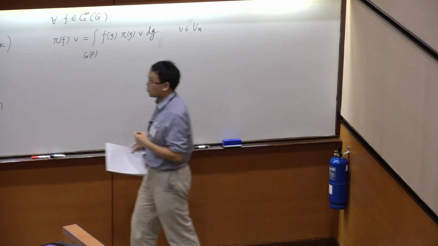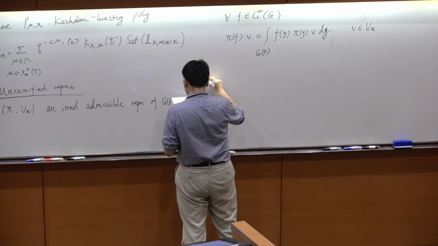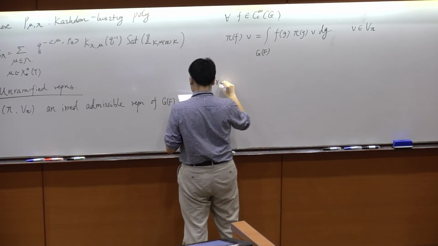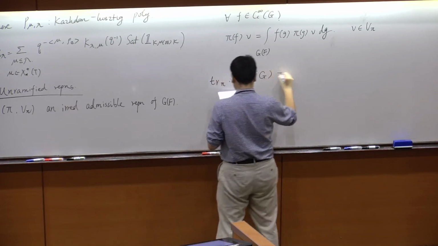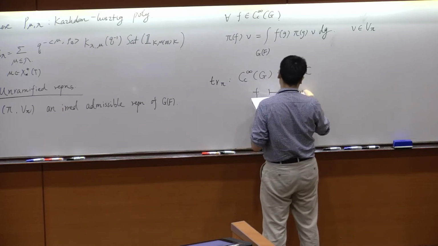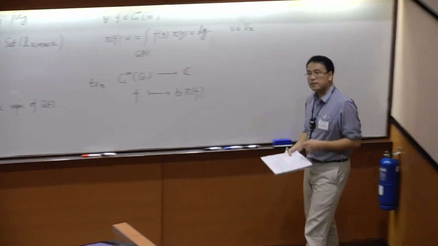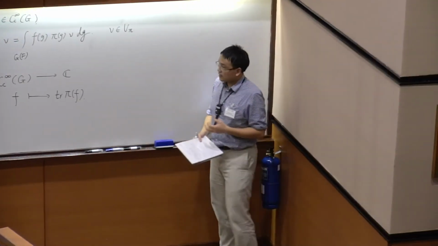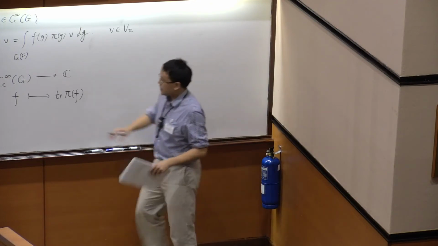So it makes sense to take the trace of the image. And this is going to give us G-invariant linear forms on this Schwartz space.